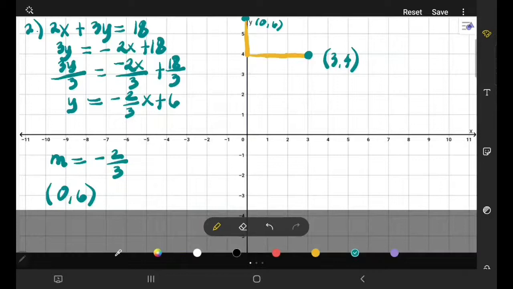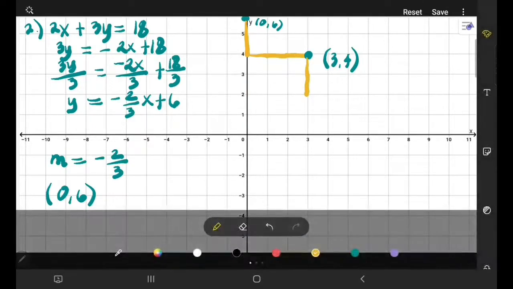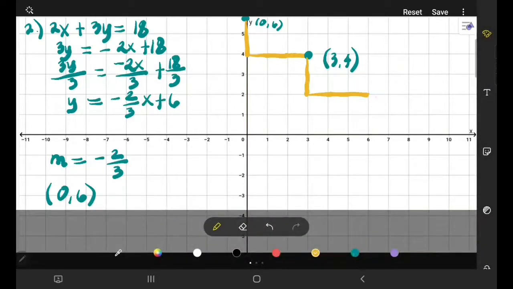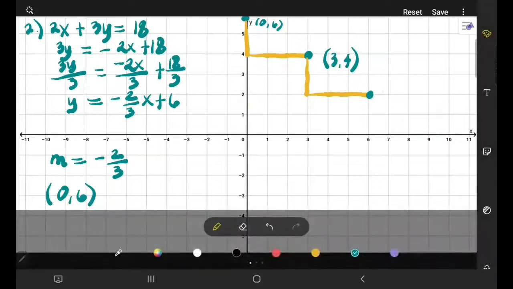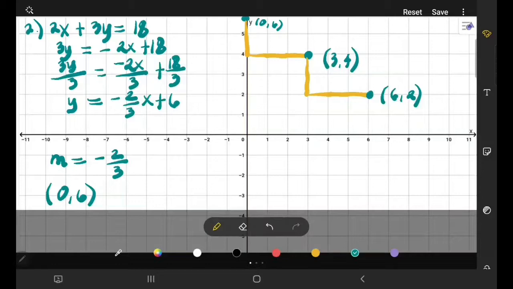Since you are running out of space here, you can still execute the slope: 2 downwards, 1, 2, and then run 3 to the right, 1, 2, 3. Okay. So another point, that is (6, 2). And then you can connect the three of them.